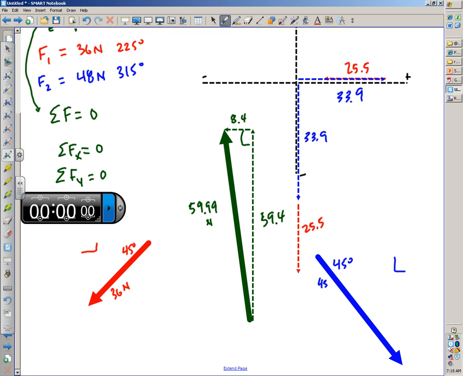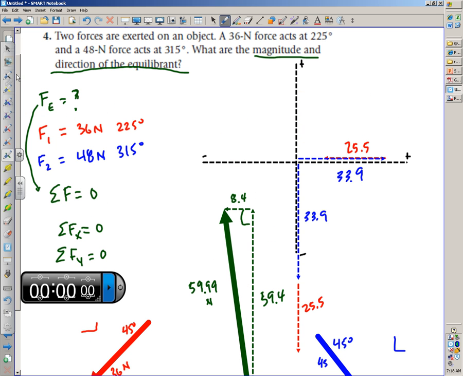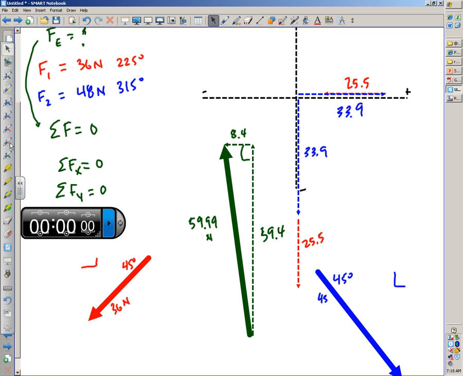Okay? Now here's where it gets a little trickier, because we still have to find a direction. Remember, if we're finding a force, the equilibrant force, it has to have a magnitude and a direction. It says so in the problem. So that means I am looking for an angle.